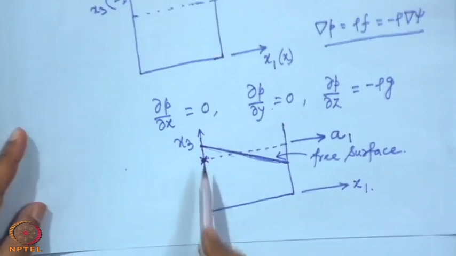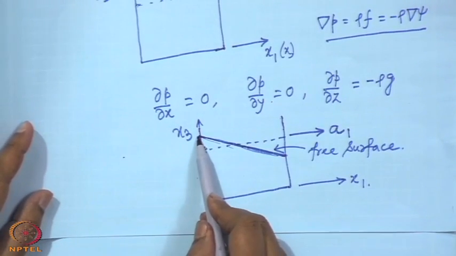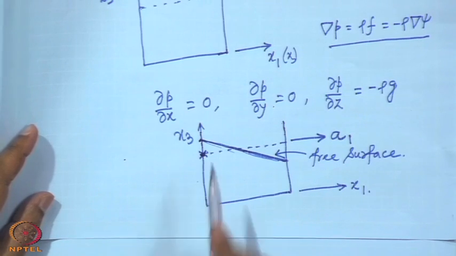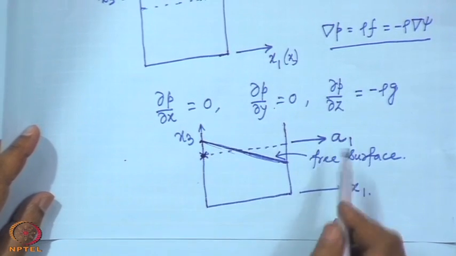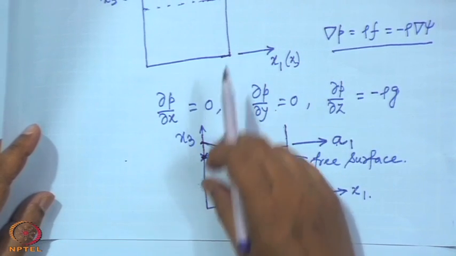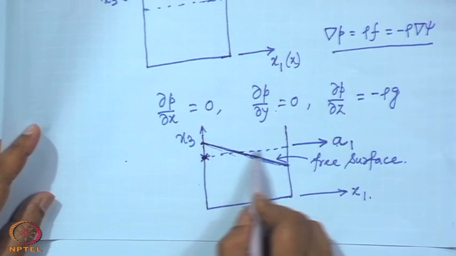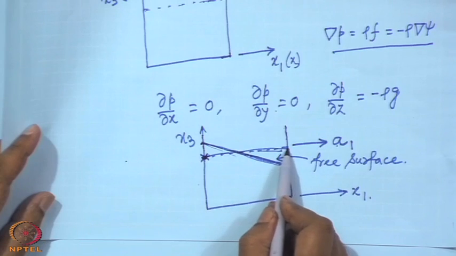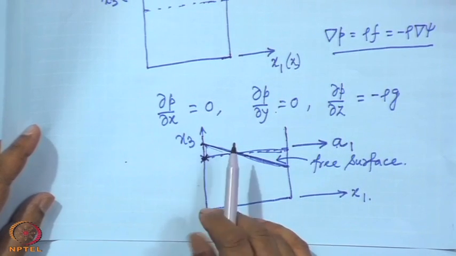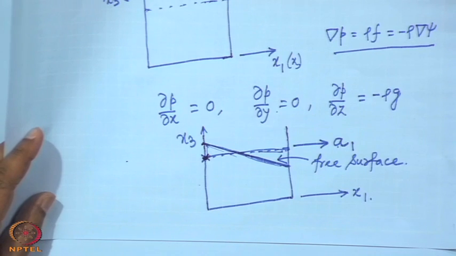And also think about one thing, that in this process here the left side has gone up. Depending upon the magnitude of this acceleration, the amount that is going up above the undisturbed free surface, which we will call the mean surface, it has gone this much up because of this acceleration.